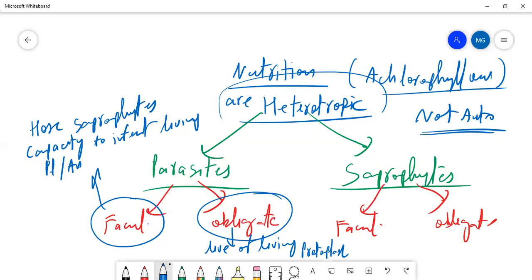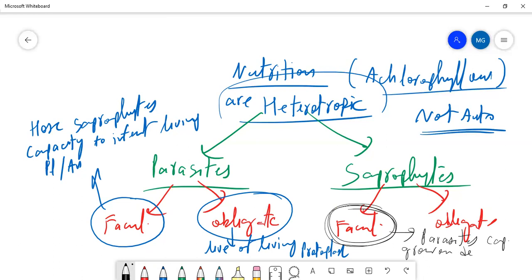Similarly, if I talk about facultative saprobes, they are actually parasites which have the capacity to grow on dead organic matter.